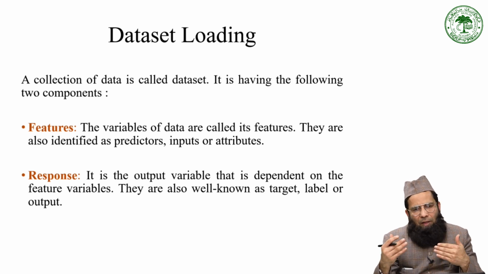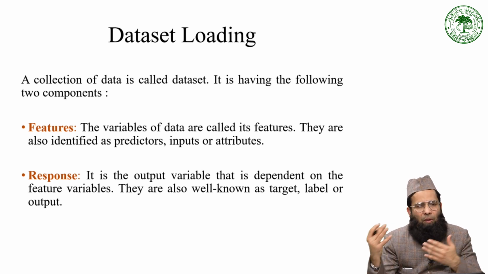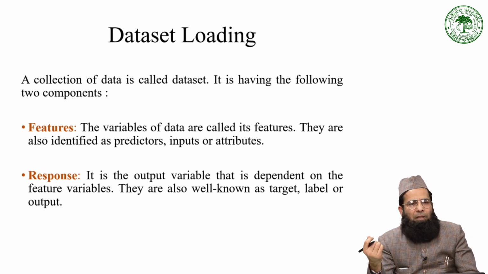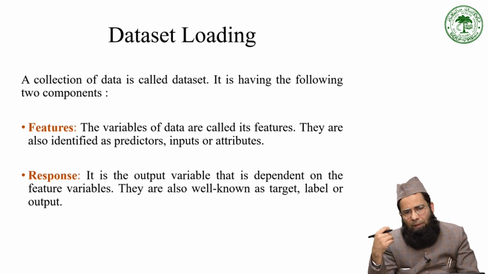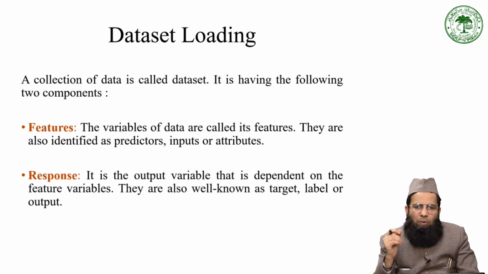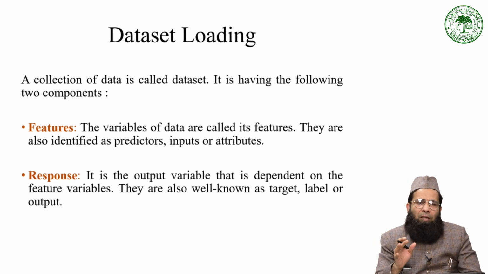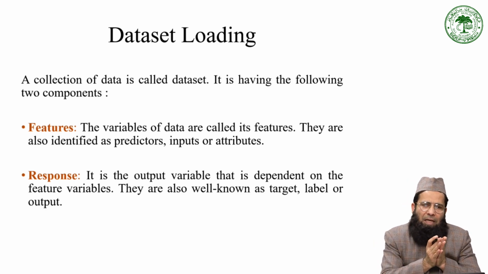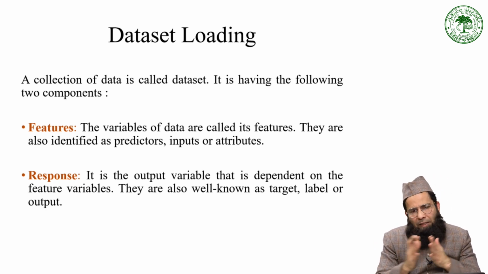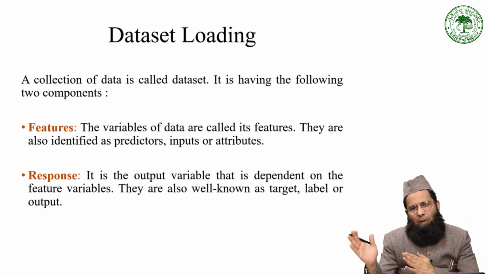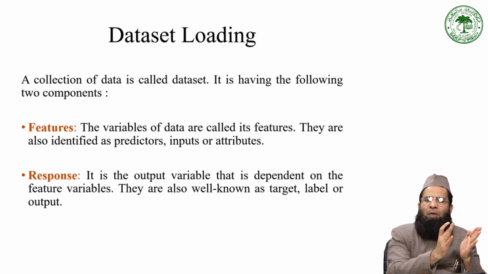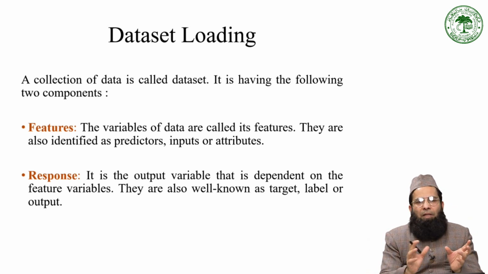Response is the output variable, that is the dependent variable. They are also known as target, label, or output. Once the dataset has been loaded, the next task is to partition feature and response, the independent variables and dependent variables.